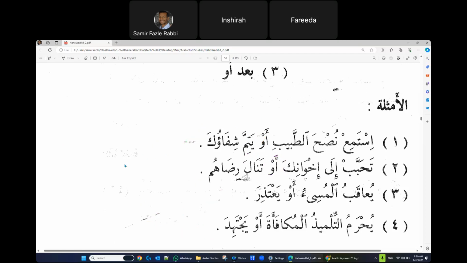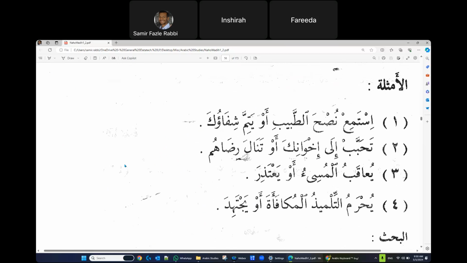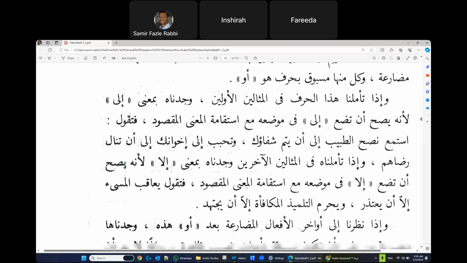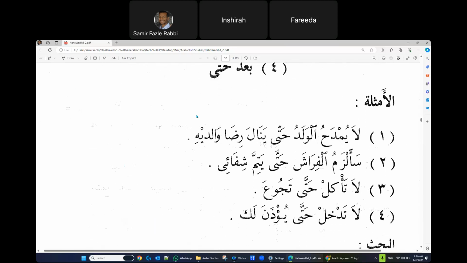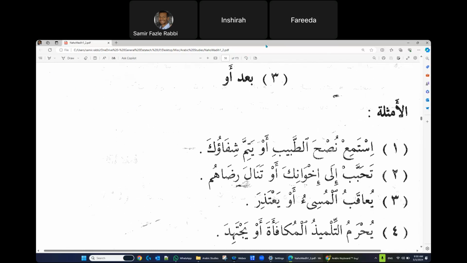So all these things here, you may or may not see them, but what we're covering in these 3 books of text is all the core Arabic grammar, the different formulas for constructing these sentences. And what's happening here is, if we were to do the grammar on this particular thing, we would say, okay, istami', what is istami'?